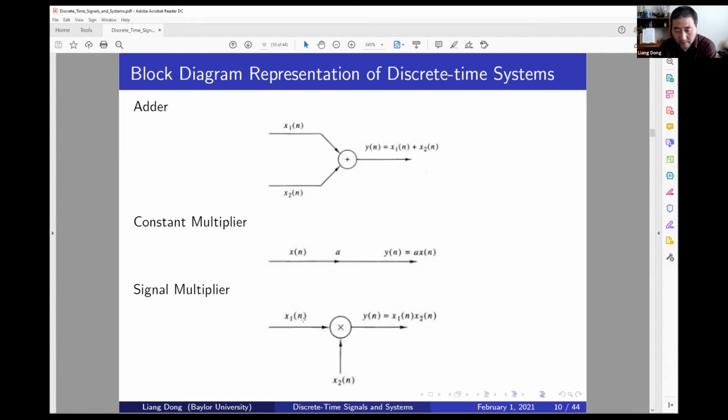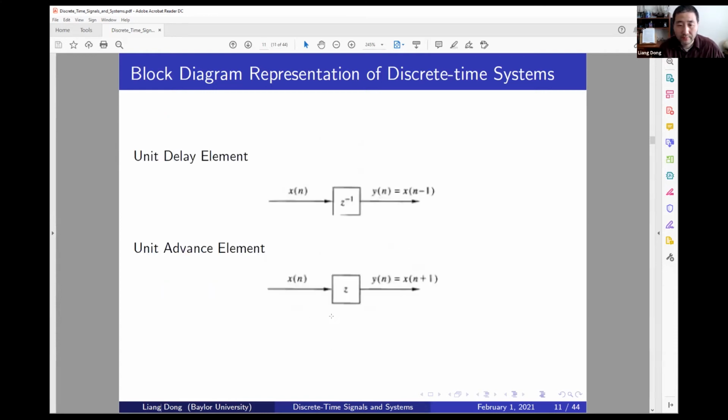Signal multiplier, this is sample to sample multiplication, x1n, x2n equal to yn. Unit delay element and unit advance element. Unit delay element is where we put in z to the power negative 1. A unit advance element is z to the power positive 1.